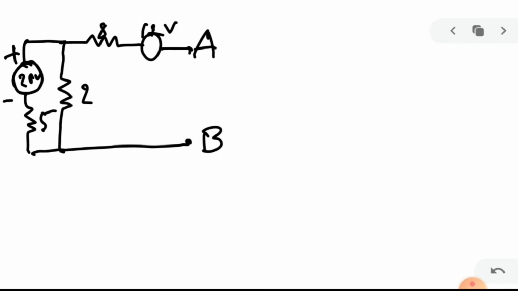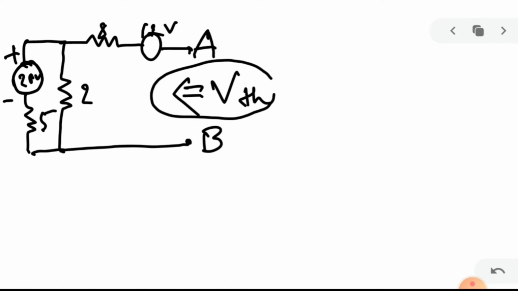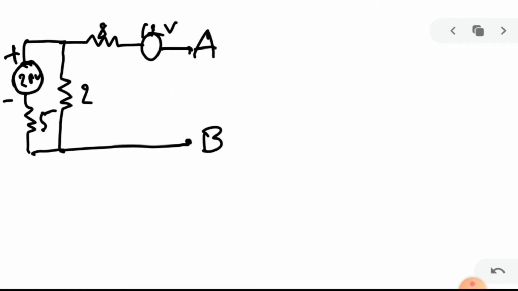We calculated the VTH in Thevenin's theorem, but here we need to calculate the Norton circuit.